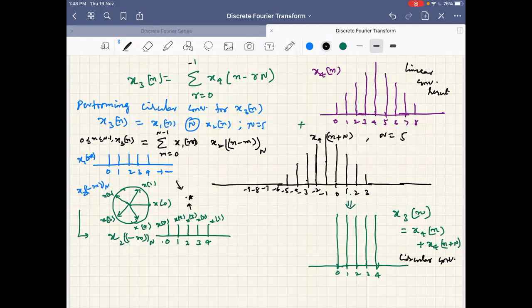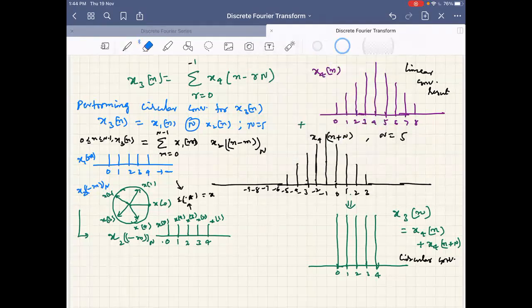I just briefly wrote it like this, but please understand that the whole convolution operation, element multiplication and summation, has happened. What does it give? Let me write with a different color.